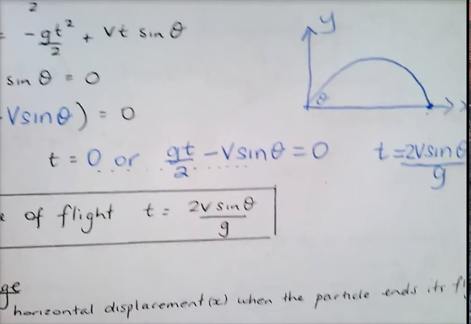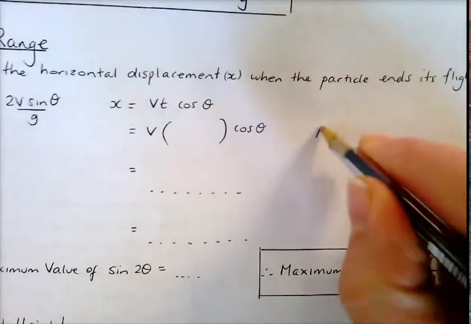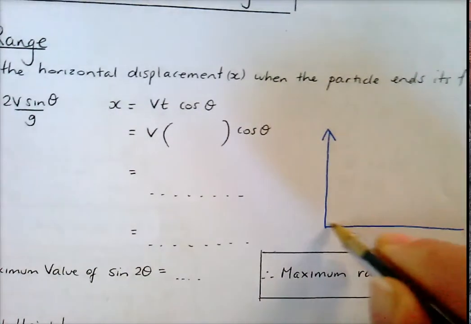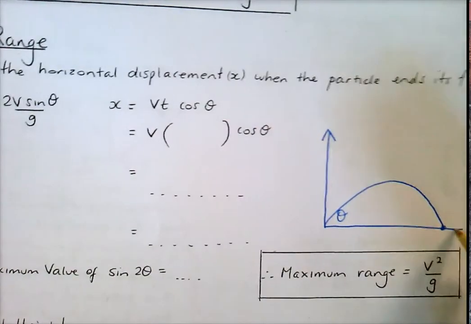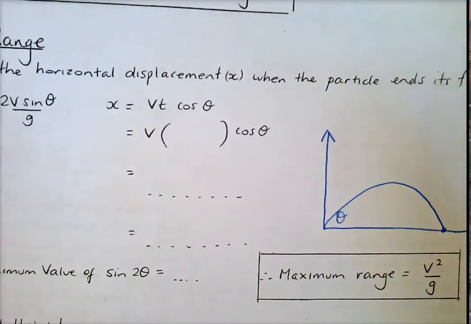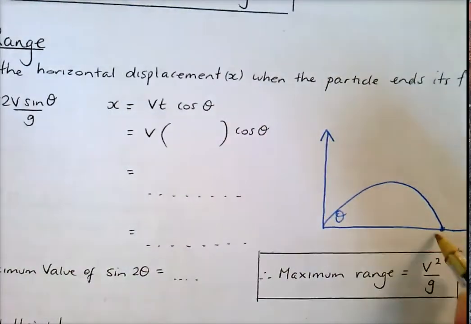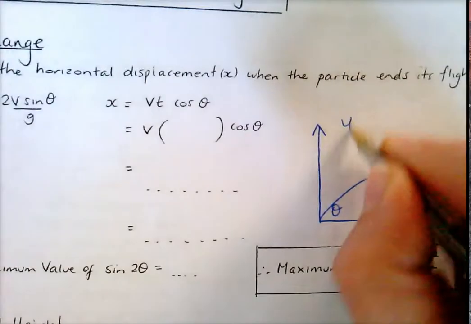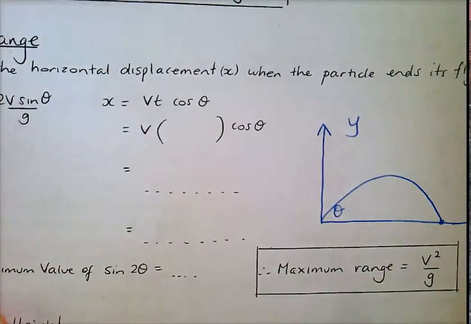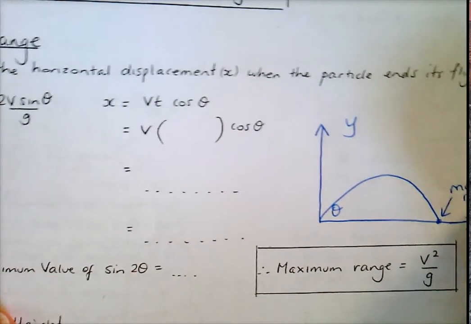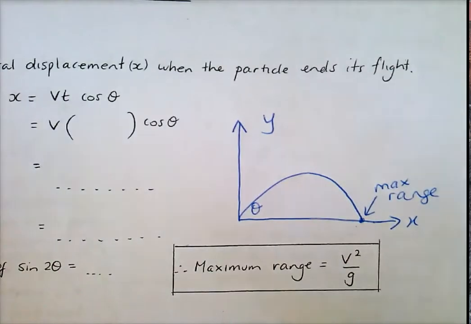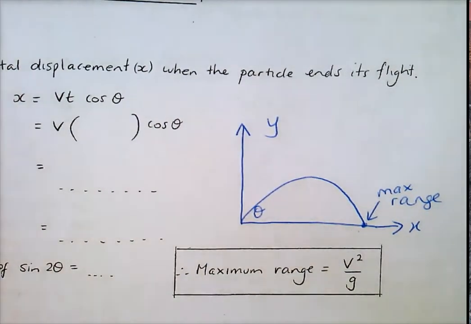Are we good? So maximum range, girls, again, looking at that particle and how it travels, it goes like that. Maximum range is when what? It's this distance here. So my maximum range, how far does that particle go, is here. That's my maximum range. What do you know about that point? Only the time, isn't it?